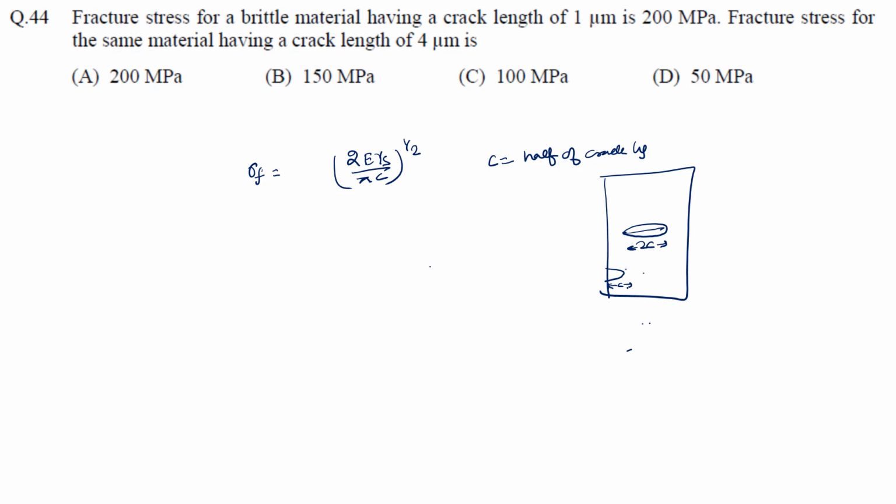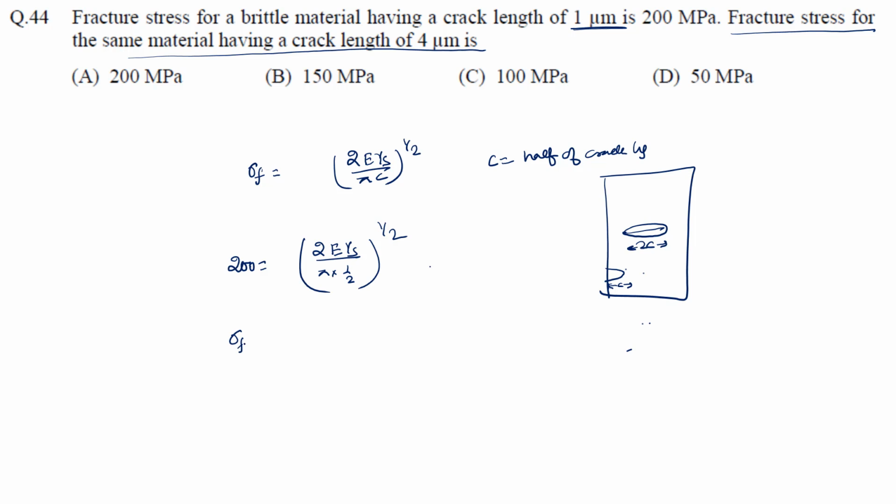Okay. So this sigma f is 200 for the material which has a crack length of 1 micrometer, right? So we'll write it as 1 by 2 to the power half, because crack length is half, right everyone? In the next case, what it is asking, fracture stress for the same material having a crack length of 4 micrometer.